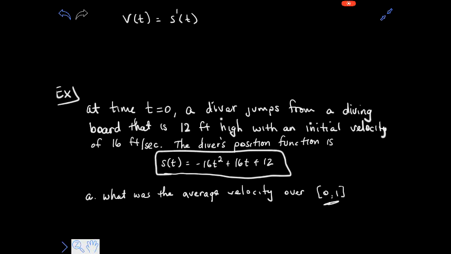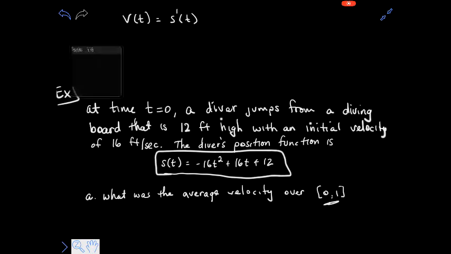Well, we know at time t equals 0, the moment the diver is jumping off the board, it has an initial velocity of 16 feet per second. But because of gravity, the velocity is either going to increase or decrease. So of all those different moments in time between time equals 0 and time equals 1, we're trying to figure out the average velocity.